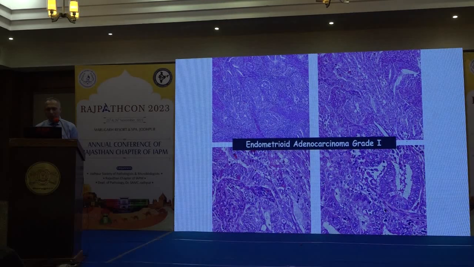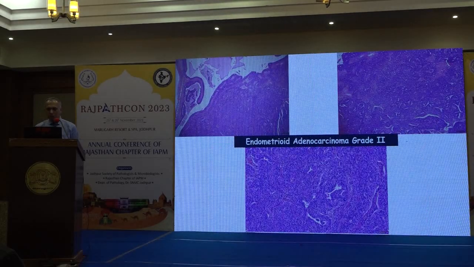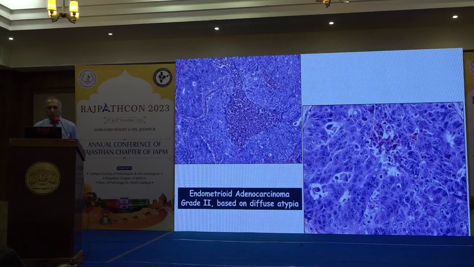So this is a typical grade 1 endometrioid adenocarcinoma. This would be a grade 2 endometrioid adenocarcinoma. You are well versed with the grading, and this is more to do with that microacinar pattern which I was talking about. Whenever there is diffuse atypia, present throughout, not focal or patchy, you are allowed to upgrade by 1.